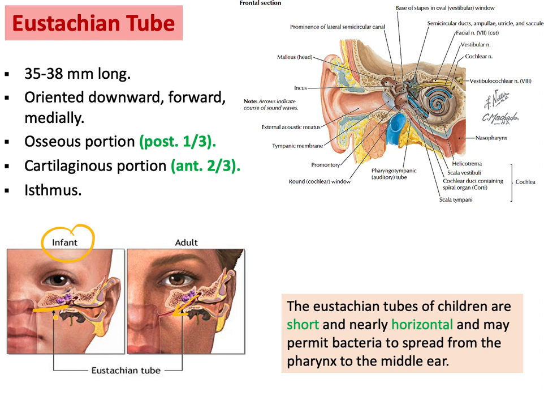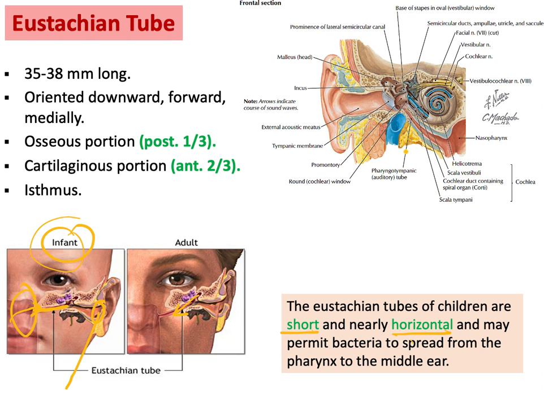What's the significance of that? It's not just horizontal, but also short, which permits the spread of bacteria and infection from the nasopharynx to the middle ear, and most of the time, especially in infants and children, it's the source of the infection that ultimately leads to otitis media, or inflammation of the middle ear.